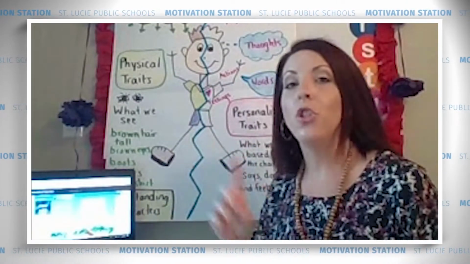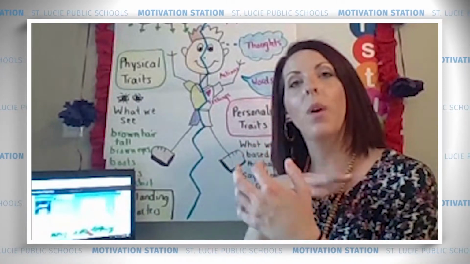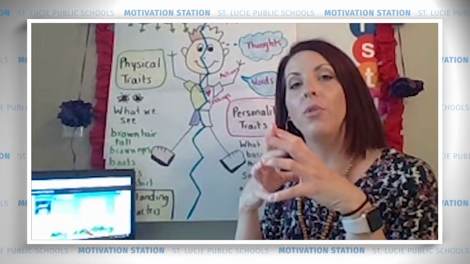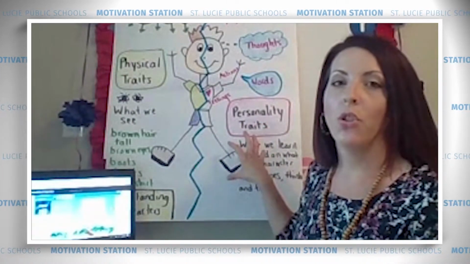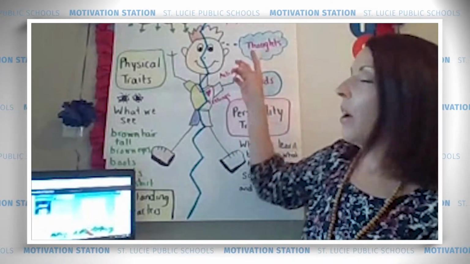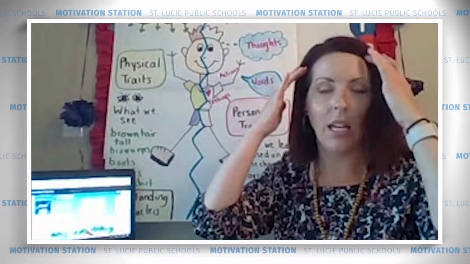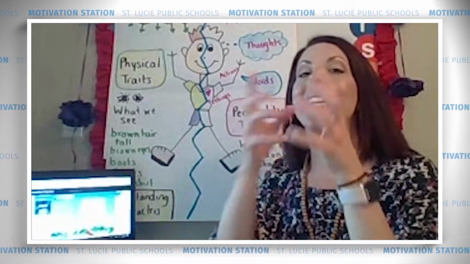The other part that we don't see, that we have to do some inferencing with, as well as look at what the authors are using to talk about the characters, is their personality traits. When we're figuring out the characters' personality traits, boys and girls, we want to think about their thoughts. What are they thinking in the story? The words, what are they saying?